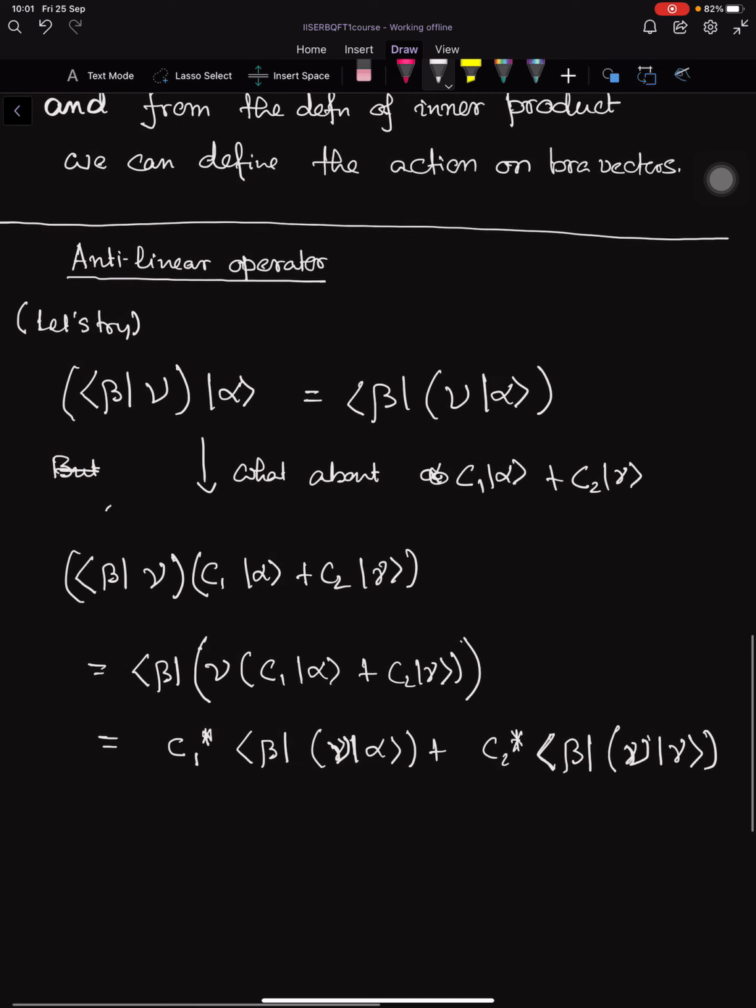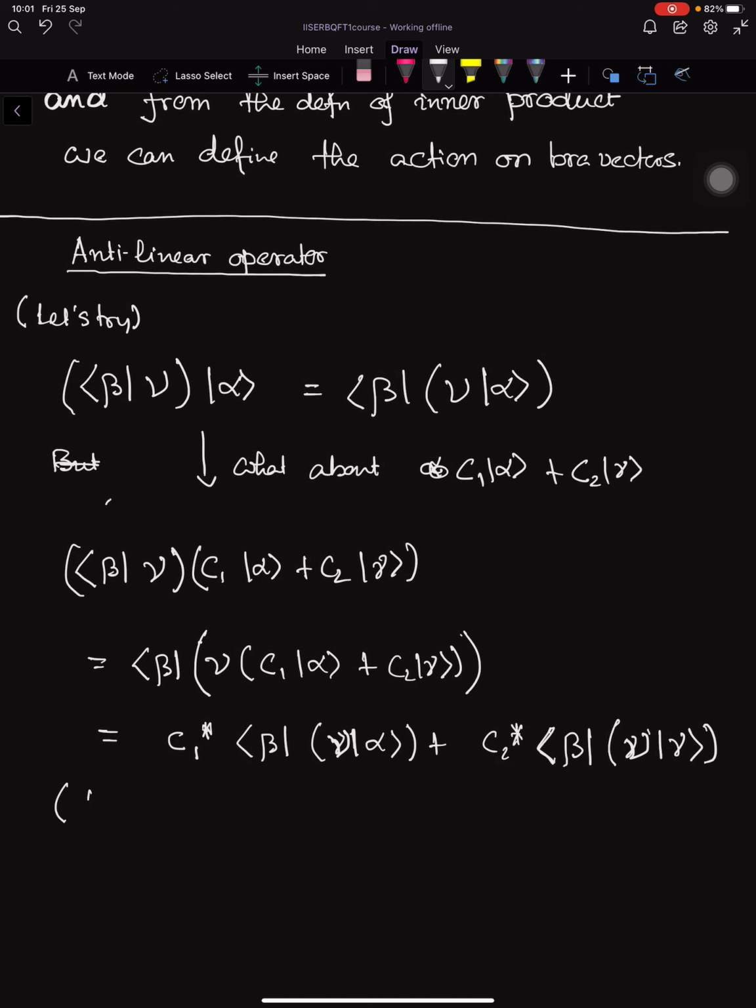Okay, but this contradicts the definition of the bra vector.